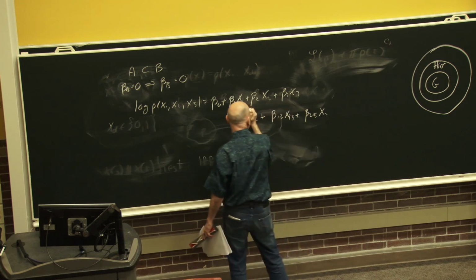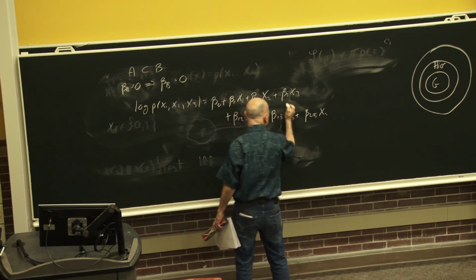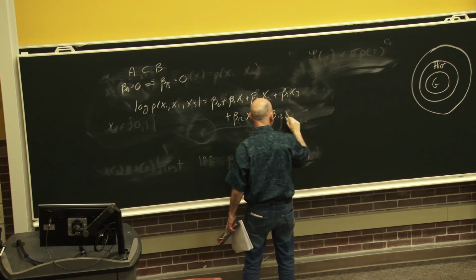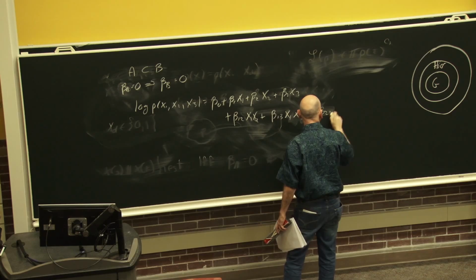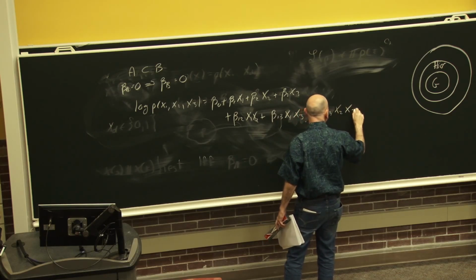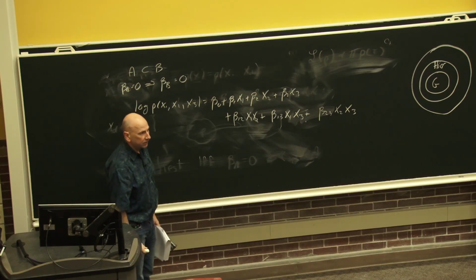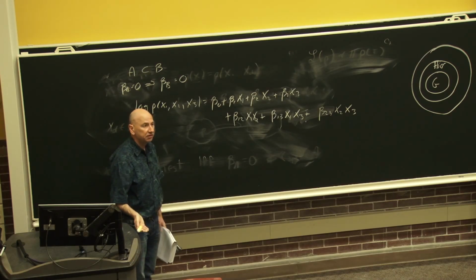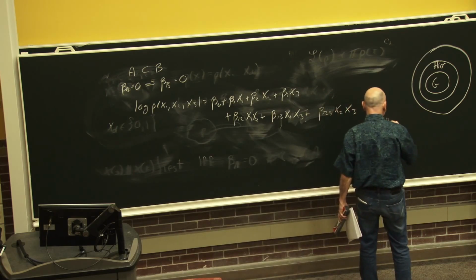This is x1 times x2. Let's write this correctly. This is x1 times x3. Okay, there's the model. I'm telling you this is the true distribution. Notice what's missing, beta 1, 2, 3. So the only term missing here is that one.